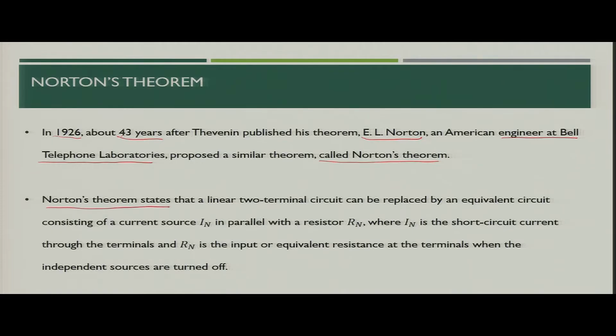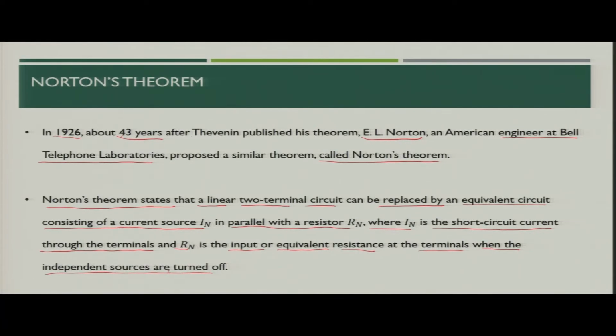Norton's theorem says that a linear two terminal circuit can be replaced by an equivalent circuit consisting of a current source I_N in parallel with a resistor R_N, where I_N is the short circuit current through the terminals and R_N is the input or equivalent resistance at the terminals when the independent sources are turned off.